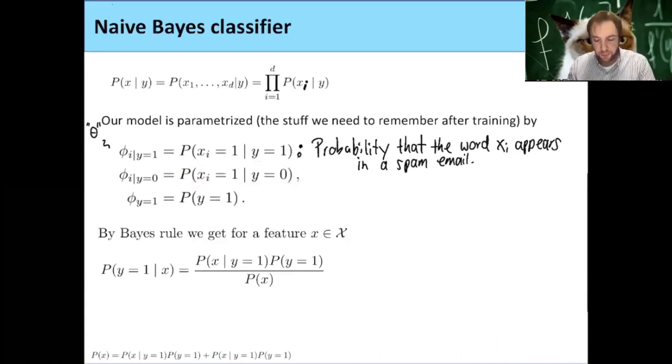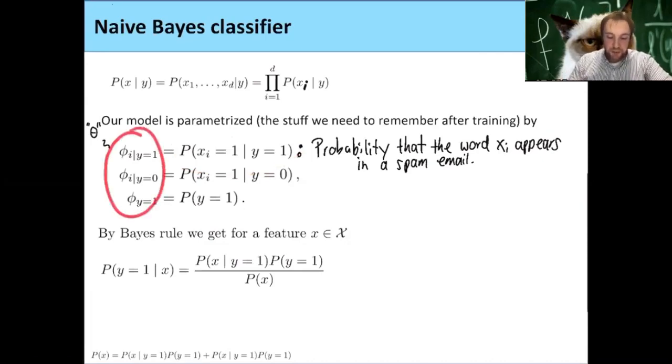So for example, the word buy maybe has a higher probability to appear in a spam email. And maybe the word, I don't know, Henrik Bachmann has quite a low probability of appearing in a spam email. So this number for my name would maybe be smaller than the probability of the word buy or click this link. Well, it's not one word, but maybe the word link or buy has a higher probability.